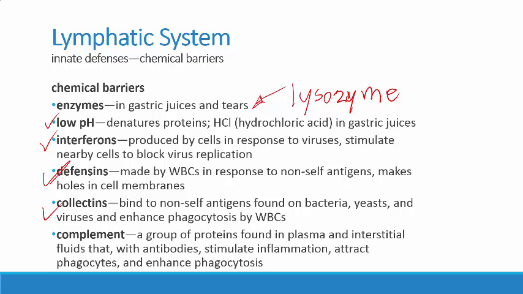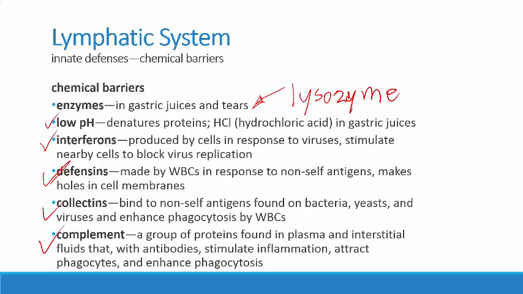They make it easier for white blood cells, for neutrophils or macrophages, to come along and ingest whatever the particle is that's bearing that non-self antigen. So white blood cells will more easily phagocytize bacteria or yeasts or viruses if they have collectins bound to them.